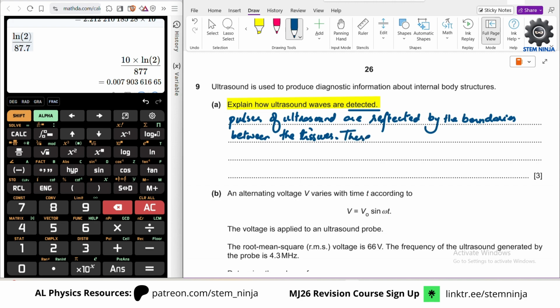These reflected pulses reach the piezoelectric crystal and cause it to vibrate.